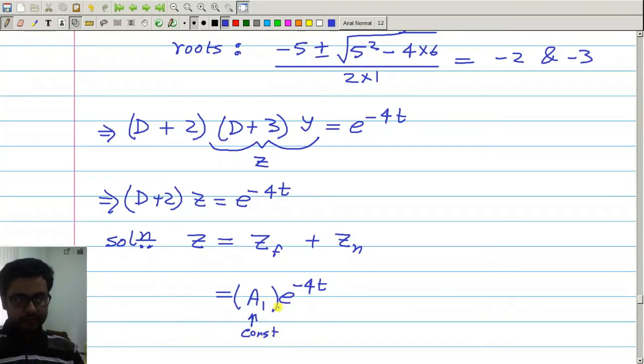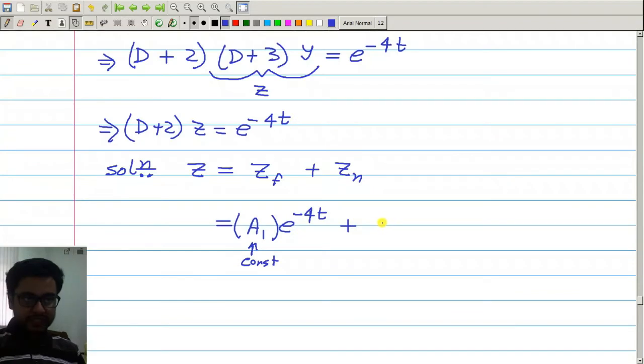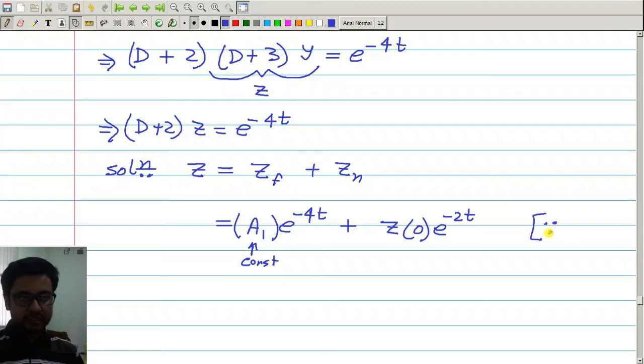Okay, or A1. And then this natural response term will look like y0 e to the power at, so in this case it will be z0 e to the power minus 2t, since here a is equal to minus 2.